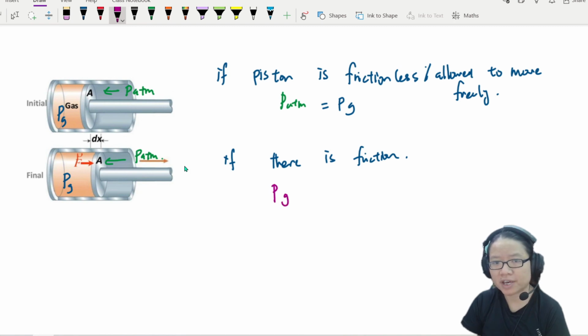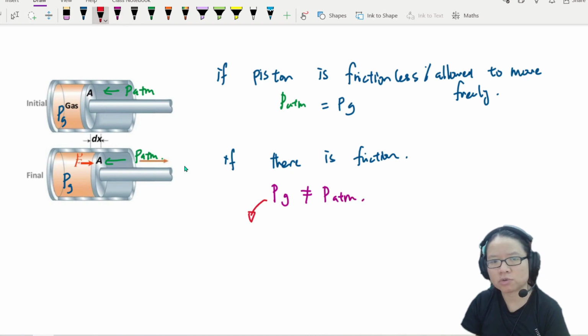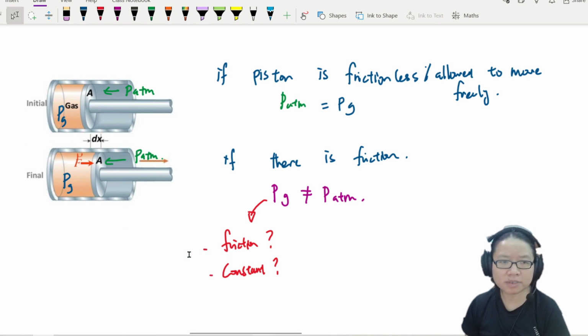So the pressure of gas is not the same as the pressure of atmosphere. In fact, for this gas pressure, there's a lot of unknowns. What is the value of friction? What is the magnitude of the frictional force? Is it constant? Don't know. And also highly likely the pressure here, too many unknowns.